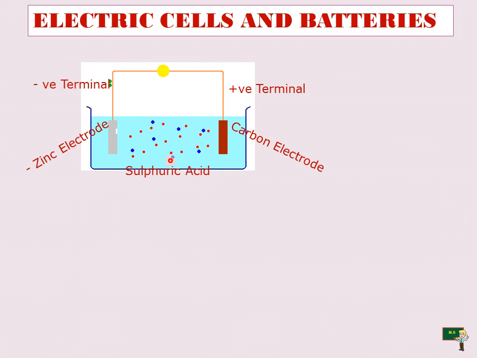If you have the sulfuric acid in the beaker and you immerse these carbon and zinc electrodes, the current is produced. You can see this in the small video.